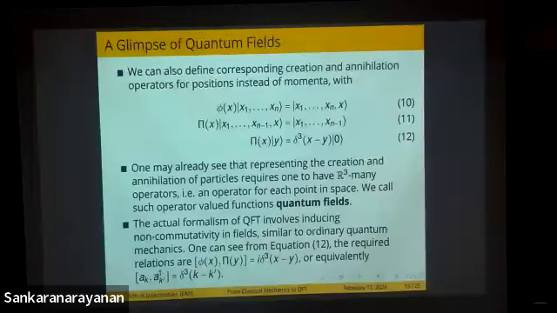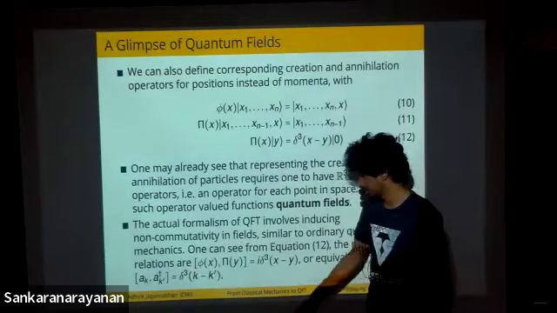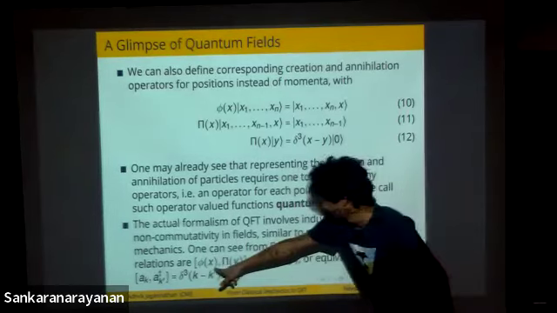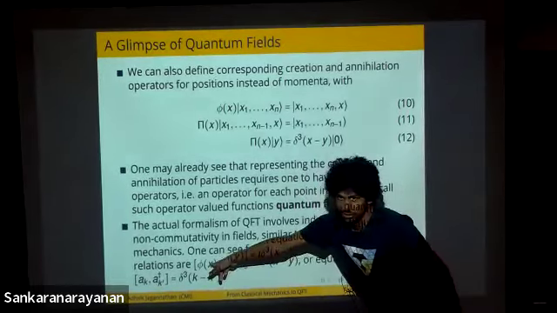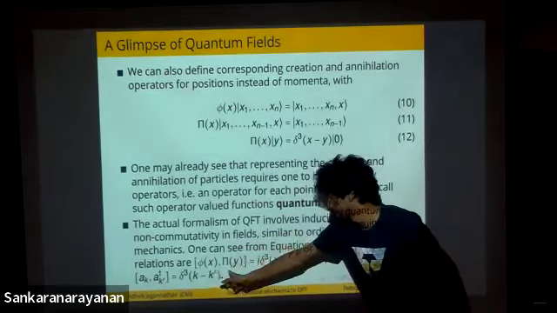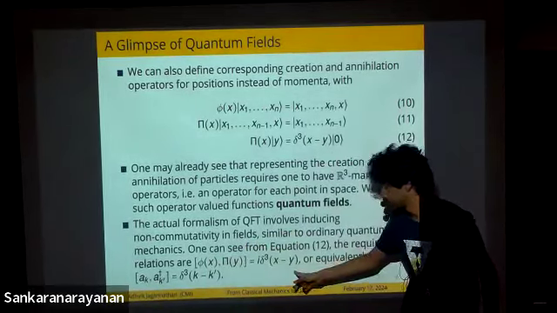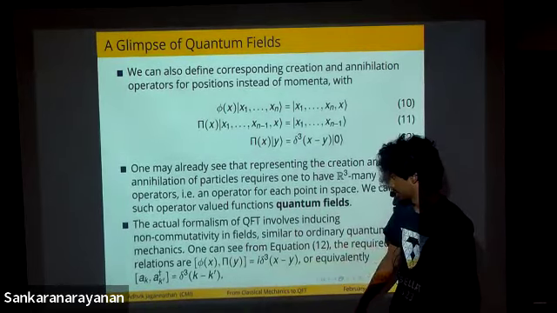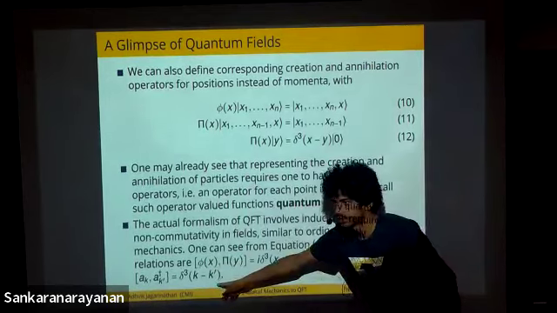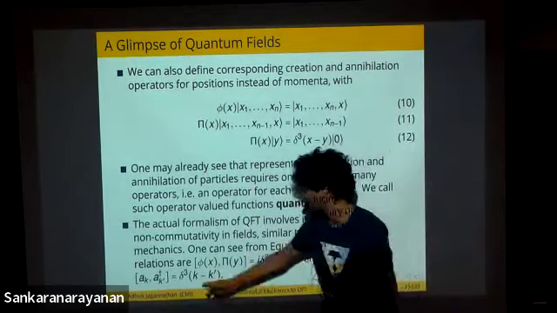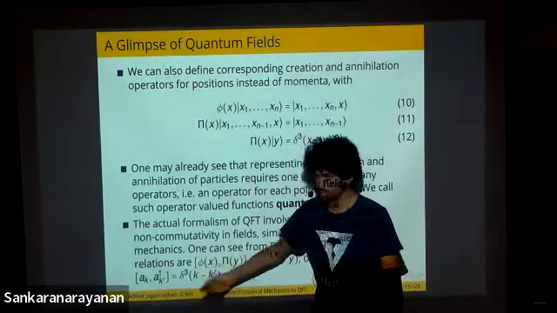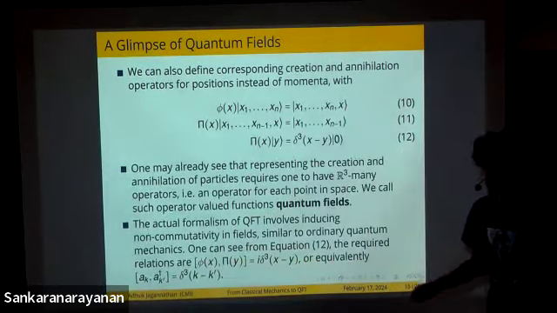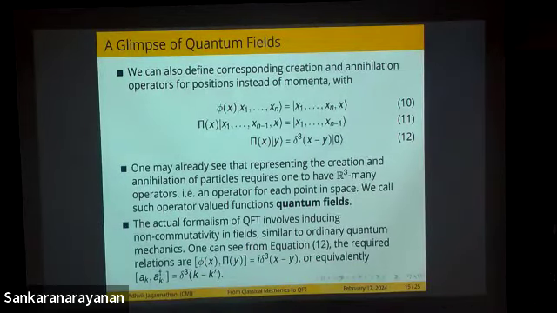So we require that creation and annihilation operators don't commute only when they are acting on the same point in space, x and y equal, because this is zero if x is not equal to y. And similarly for the momentum creation and annihilation operators, it's non-zero only when k equals k prime, when the momenta are equal.